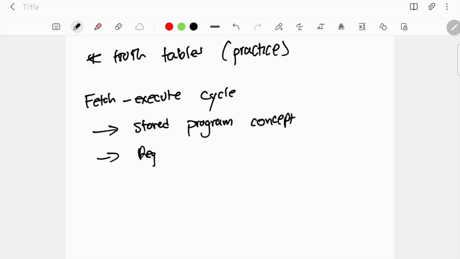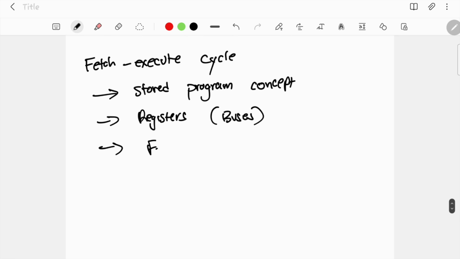Then you need to look at the different registers, the buses, the functions of the CPU. Go over all of that. Mainly that's about the fetch execute cycle. So the MAR, you need to know the order.